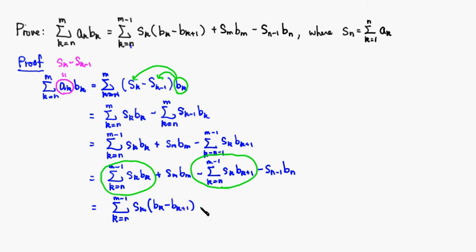Then here is plus s_m b_m. Then you have a minus s_(n-1) b_n, which is exactly the same as the right hand side. So we're finished. Alright, that's it. I hope that this was clear.